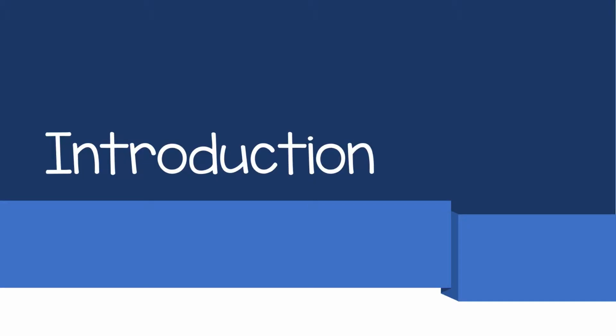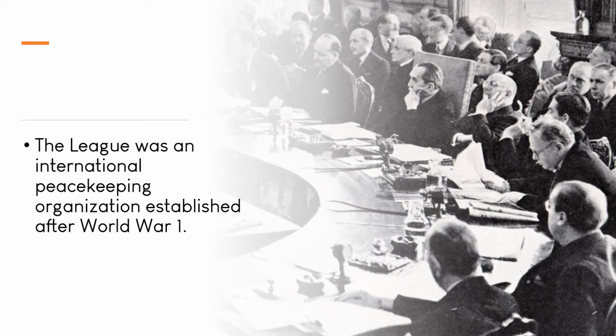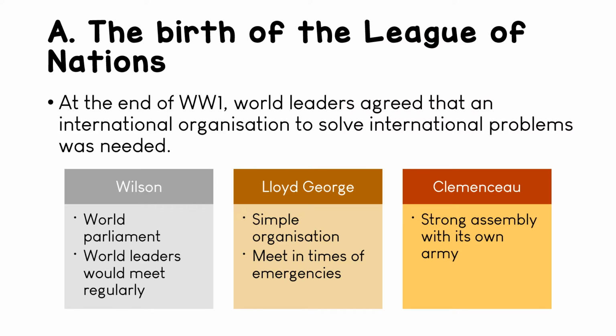So, first of all, the League of Nations, of course, was an international peacekeeping organization that was born after the First World War, because at that time world leaders agreed that an international organization to solve international problems was needed in order to avoid future wars.